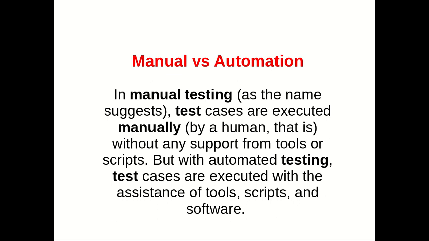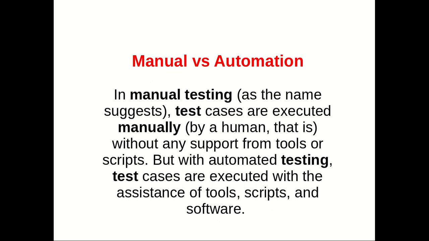Nowadays automation testing is used for regression testing, because if you want to execute the same test cases 100 times, 1000 times, 10,000 times, it is impossible for a manual tester to execute the same thing. For that reason, nowadays we are using automation testing tools.